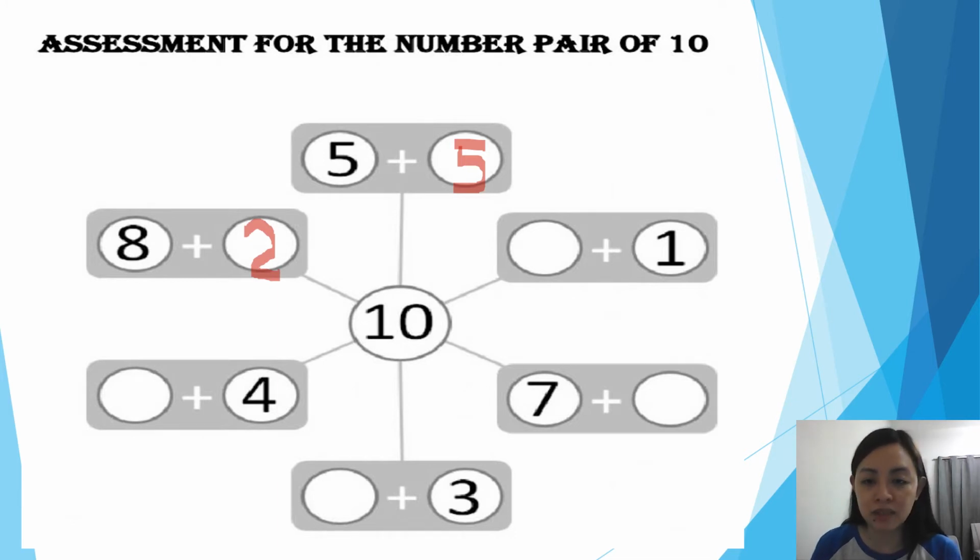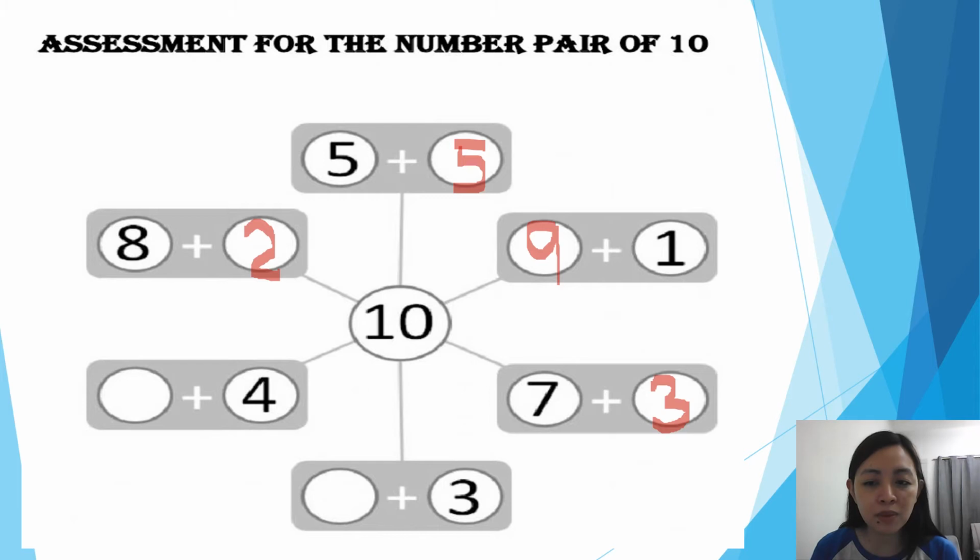How about this one? 1. What number should be paired with 1 to have 10? Correct. 9. How about this one? 7. 7 and 3. How about this one? Blank and then 4.